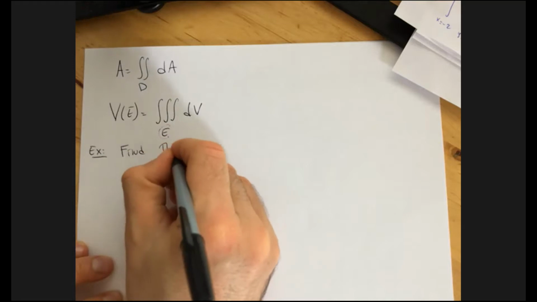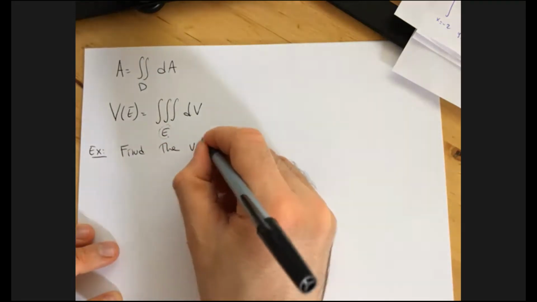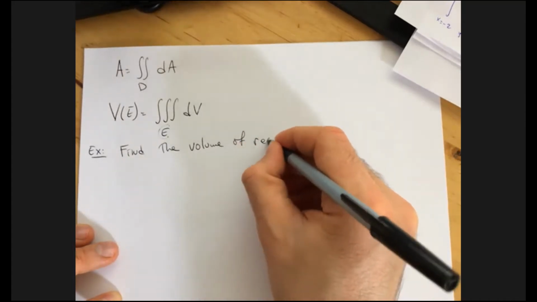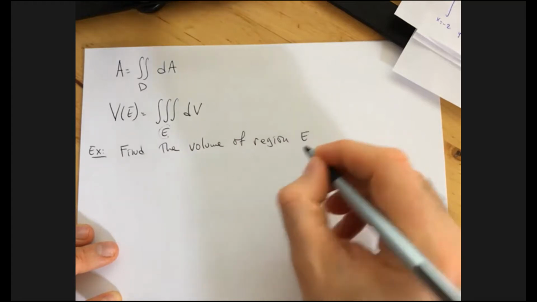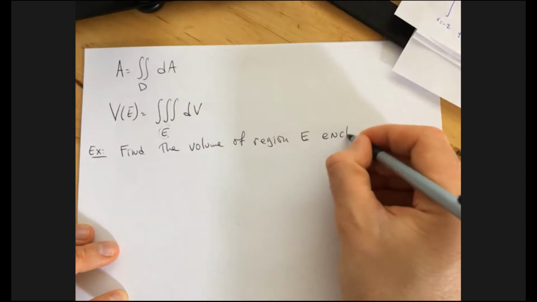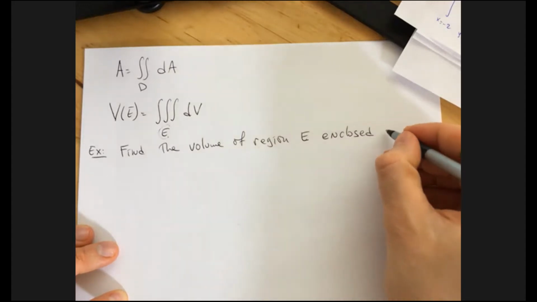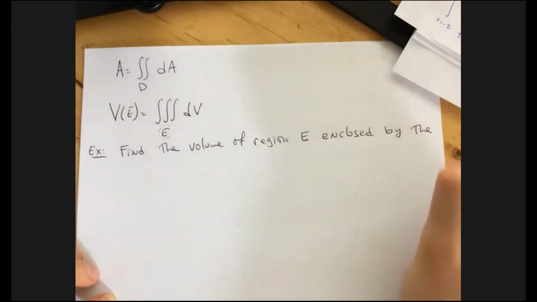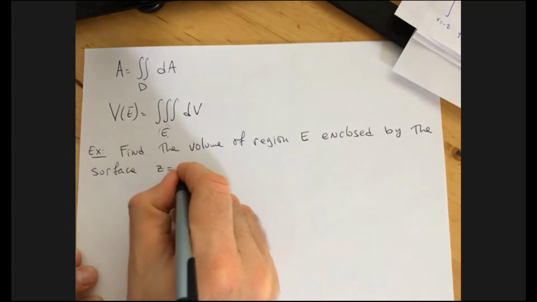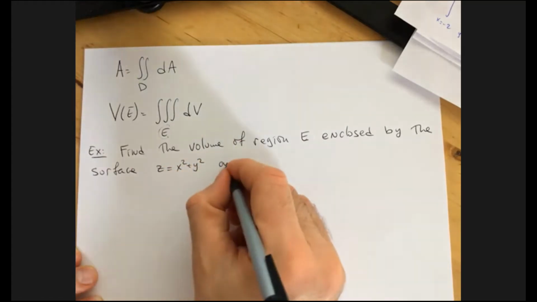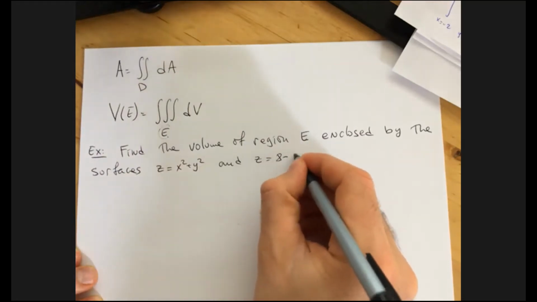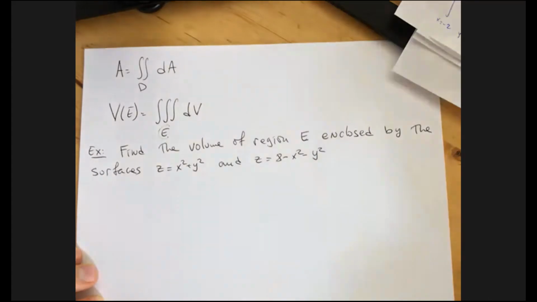So let's say, as a first example, find the volume of the region E enclosed by the surfaces z is equal to x squared plus y squared, and z is equal to 8 minus x squared minus y squared.